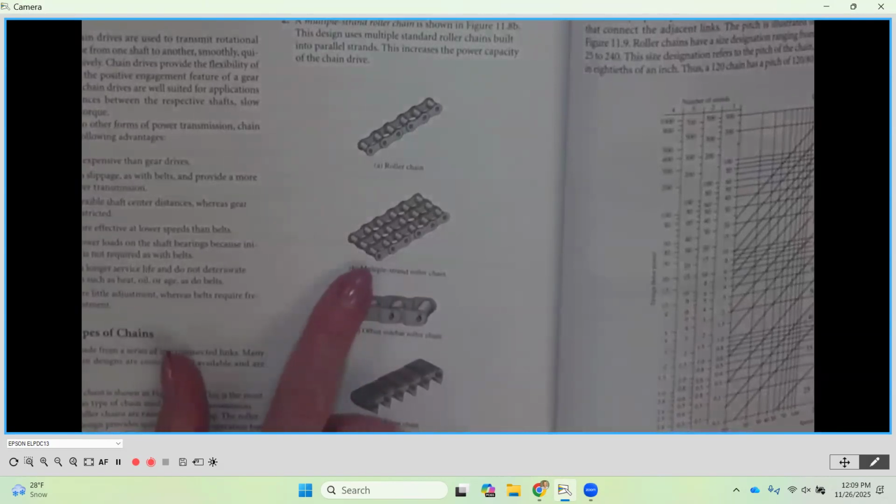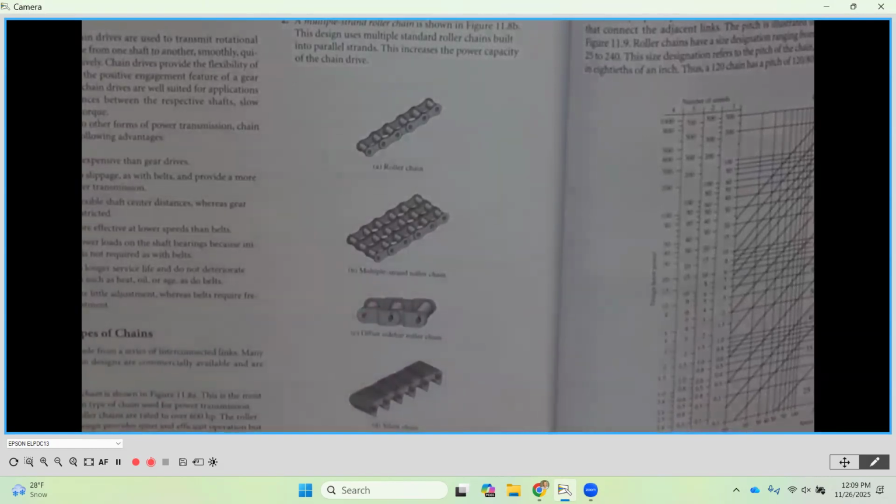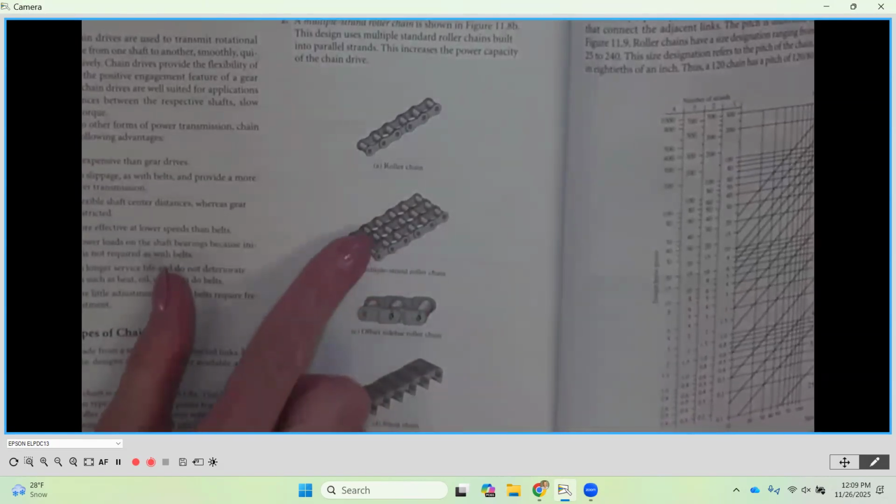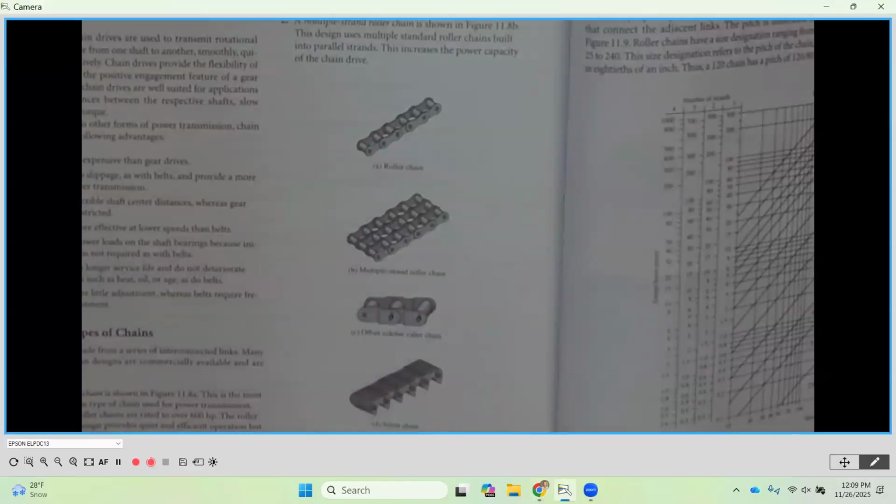What's offered here, when we have multiple strands, is that we can keep the profile of the chain lower, meaning the height of that roller chain, and then we can spread out the force carrying capability over multiple chains. As you can imagine, there's then a multiplier for how much force we can push through it.